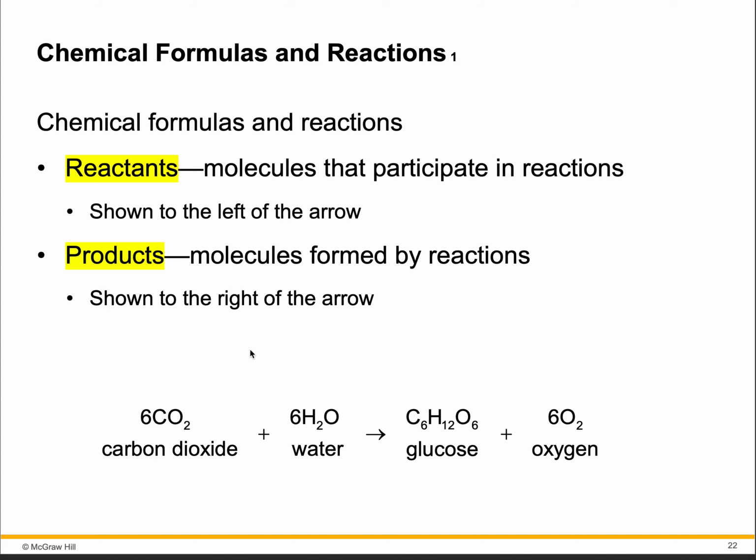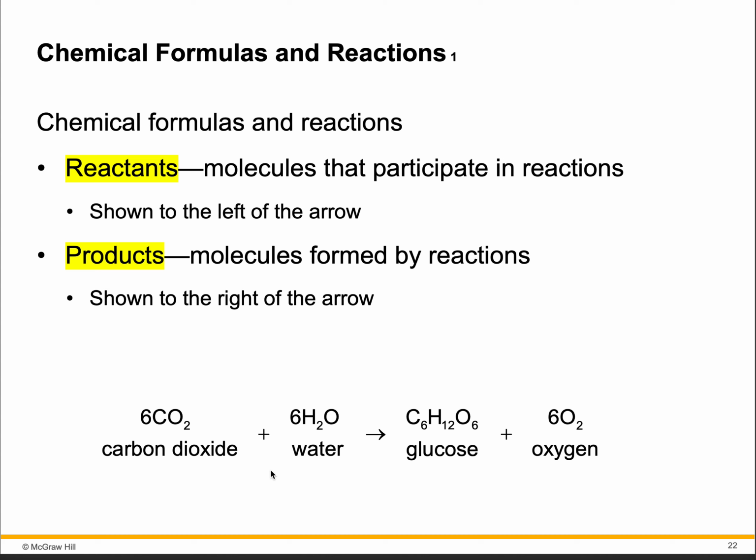When we're looking at a chemical formula, down here I have a formula taking in CO2 and water and making glucose and oxygen. If you weren't already familiar, this is the formula for photosynthesis. The only thing that's missing is that it does need sunlight. When you're looking at this entire formula, there are two parts to it. You have what we call the reactants, which are molecules that participate in reactions, shown to the left of the arrow.